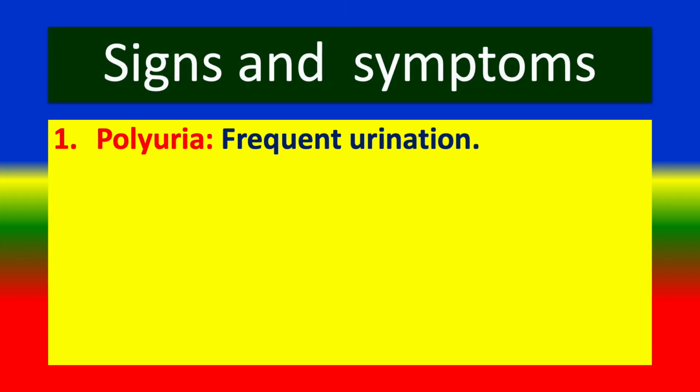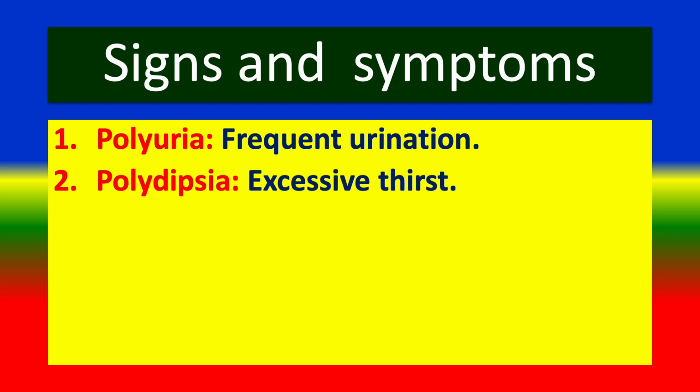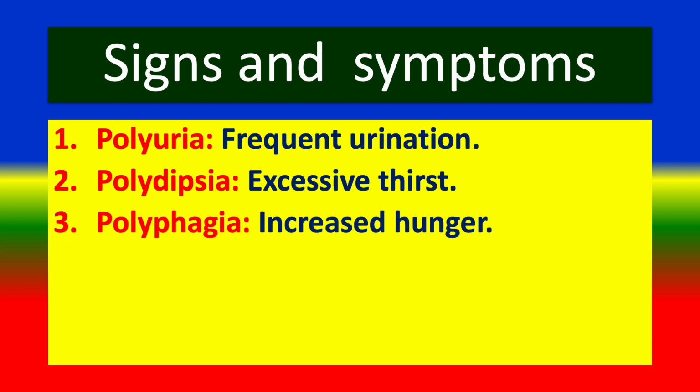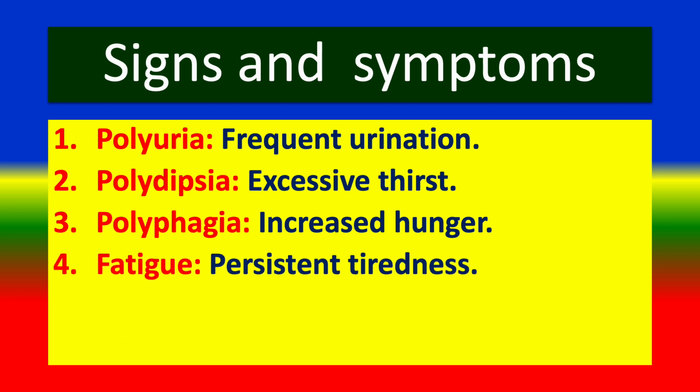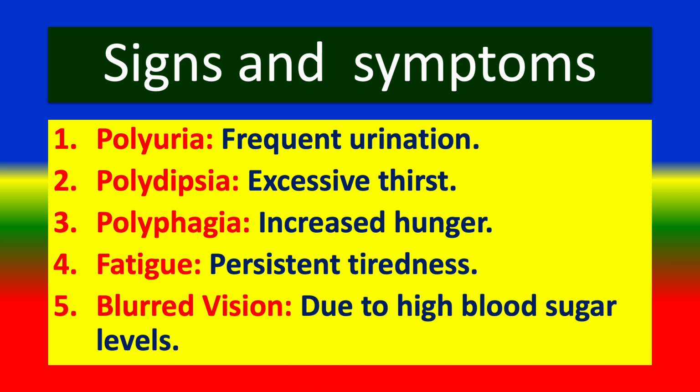Signs and symptoms: 1. Polyuria, frequent urination. 2. Polydipsia, excessive thirst. 3. Polyphagia, increased hunger. 4. Fatigue, persistent tiredness. 5.